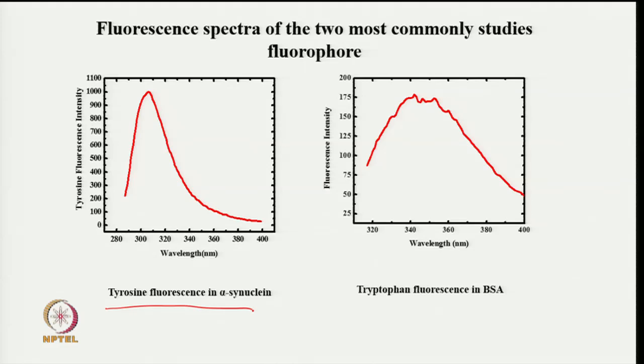Alpha synuclein does not have tryptophan, and so we generally look at tyrosine fluorescence in this case, and this is your tyrosine fluorescence. Here is the tryptophan fluorescence for BSA. BSA is bovine serum albumin, which has tryptophan residues, and so we look at tryptophan.